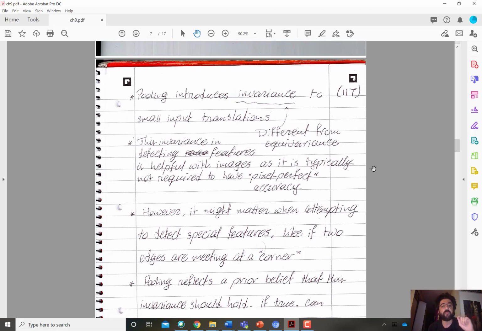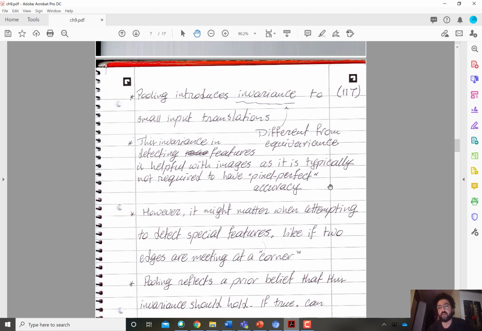And this is particularly useful for images because you don't usually want your detection performance to depend on the sensitivity down to individual pixels, because that will be dependent on the resolution, and in many cases it will not be perfect, right? Imagine, for example, I'm detecting edges.